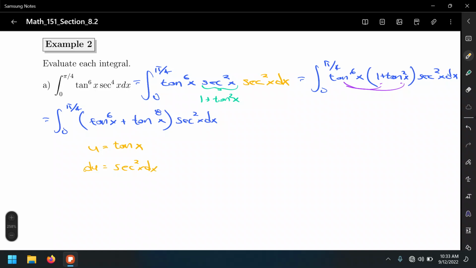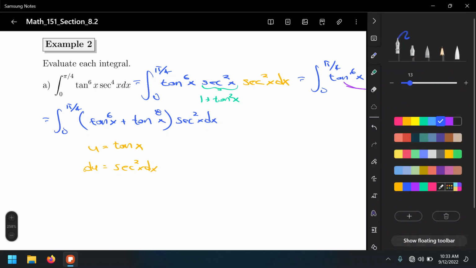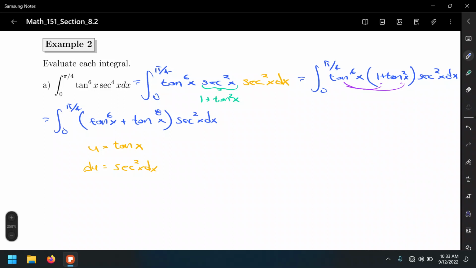That's the reason why we saved 2 powers of secant, because secant squared is the derivative of tangent, in a similar way to the previous strategies for sine and cosine, where we saved 1 power of sine or cosine so we could integrate by setting u. That means we can integrate like so.